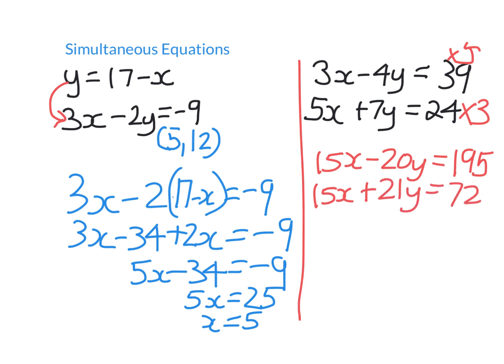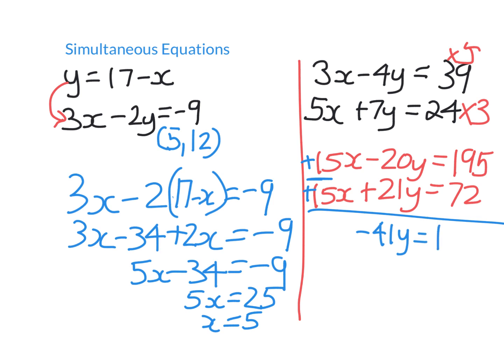The reason I multiply the equations is that now the x's have the same coefficient in both equations, so I can eliminate x. When they have the same sign, so these are both positive, you subtract. 15x minus 15x is just 0. That's why I did it, to eliminate the x's. Negative 20y minus 21y gives me negative 41y.